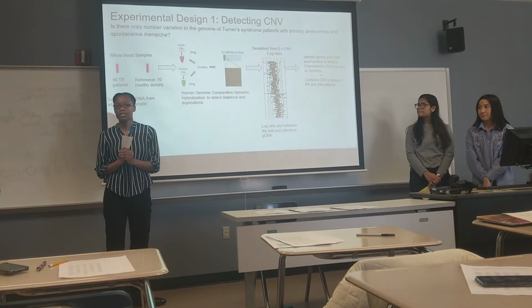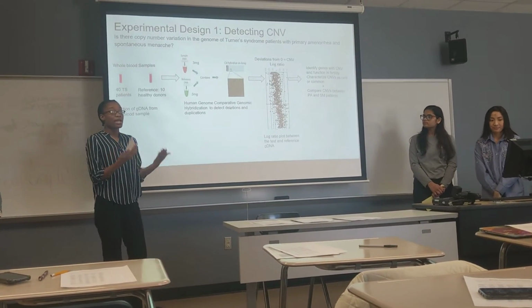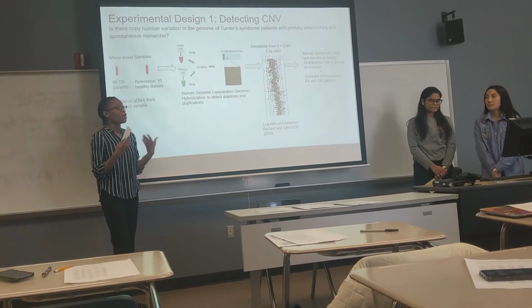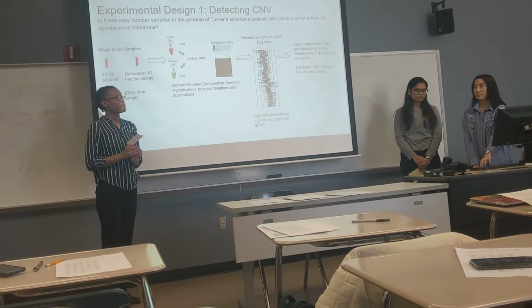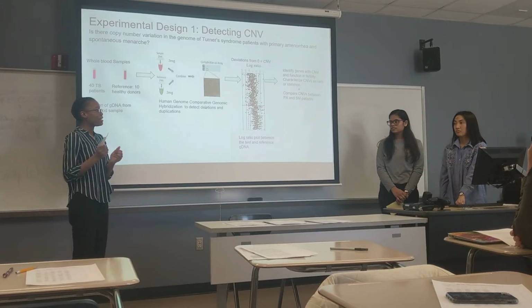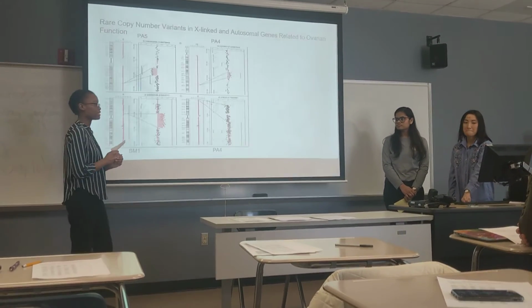However, rare copy number variants are those that were present in the patient sample and only present in, let's say, maybe 1 or 2 patients, and so on. And then after that, they compared the copy number variants between the primary amenorrhea and spontaneous menarche patients.